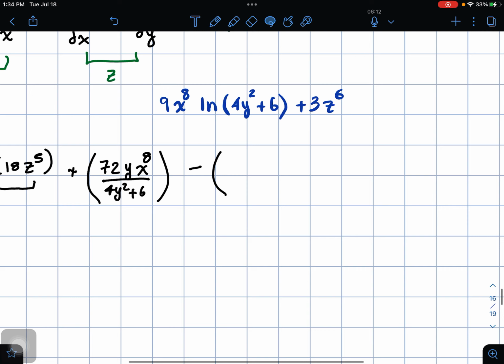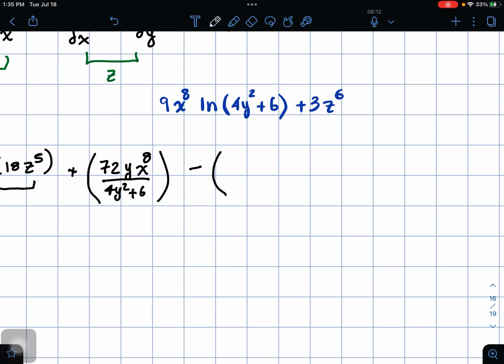Okay, so again, this goes to 0. This one, I always forget this, but basically if you differentiate it, ln x is 1 over x. So this thing is technically like an x, so this just goes to the denominator. But you also have to multiply by the derivative of the inside.